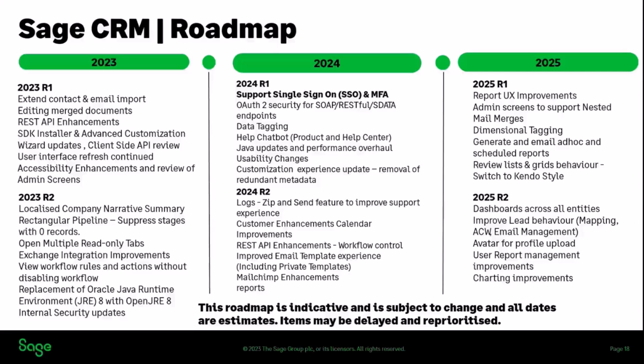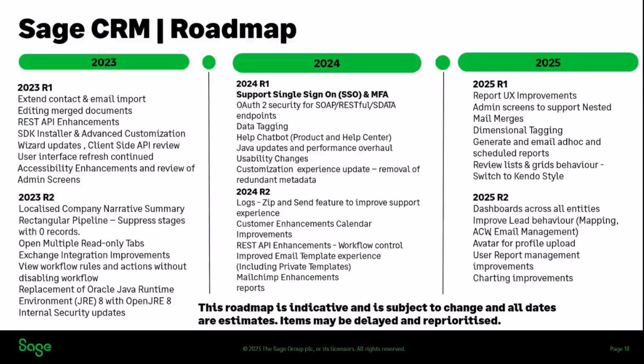We renewed the SDK installer and advanced customization wizard. So we've done quite a lot of things which were all about improving features because of a big shift that we had made in eliminating the last usage of plugins and our commitment to move away from anything legacy.